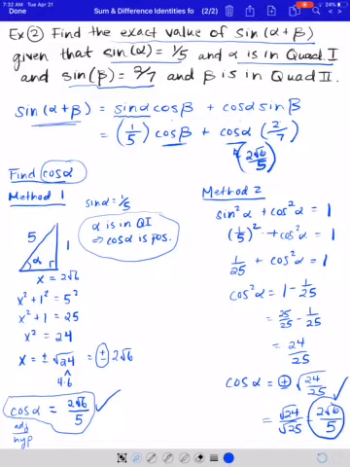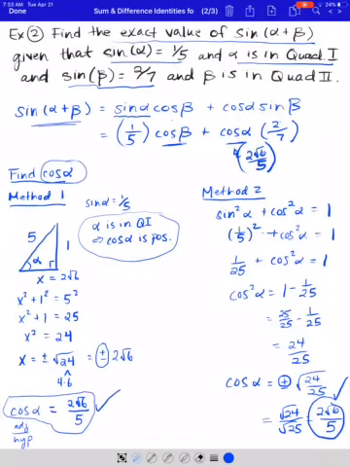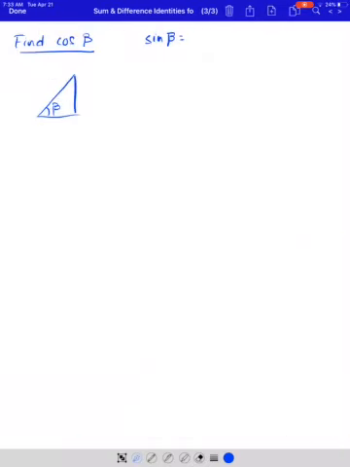So let's find cosine beta. Again, you can use either method. I'm going to do the triangle method for this one. So here's my beta, and sine of beta was 2/7.